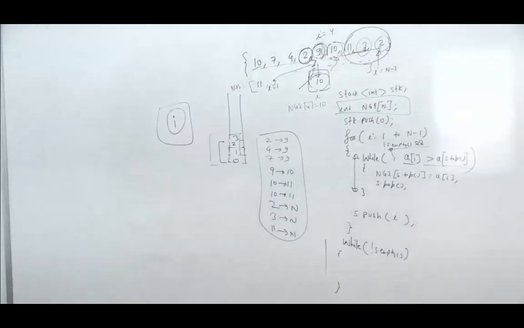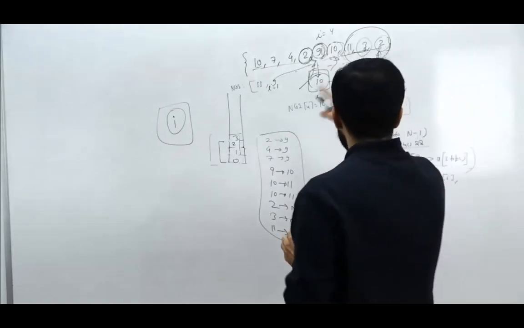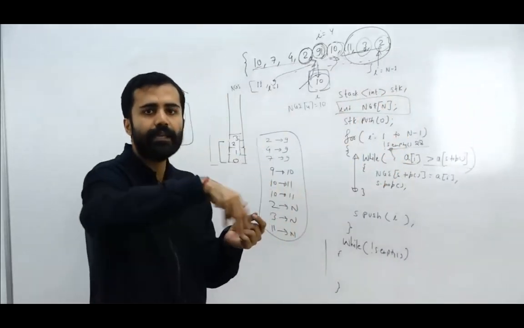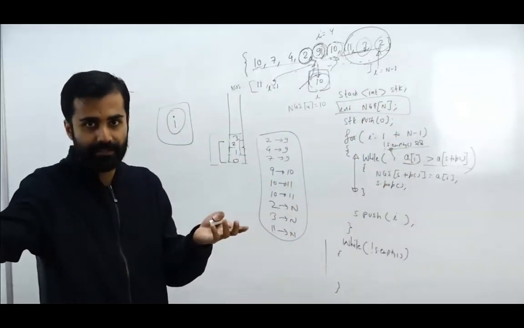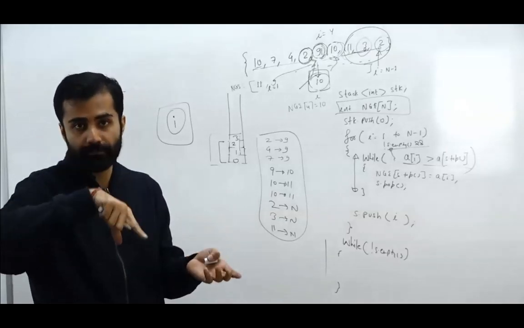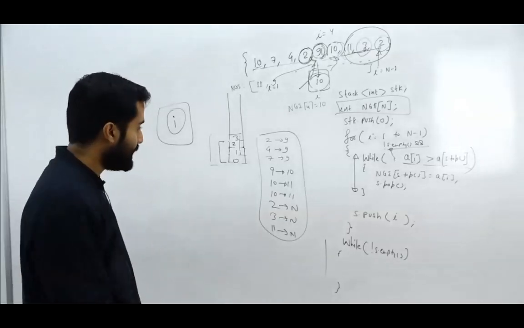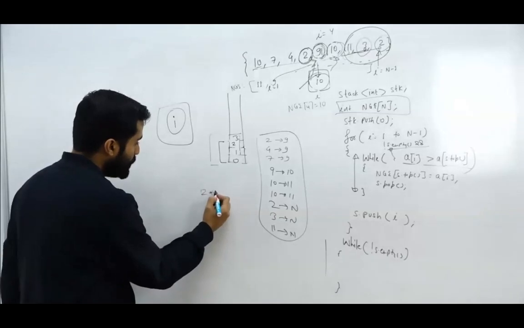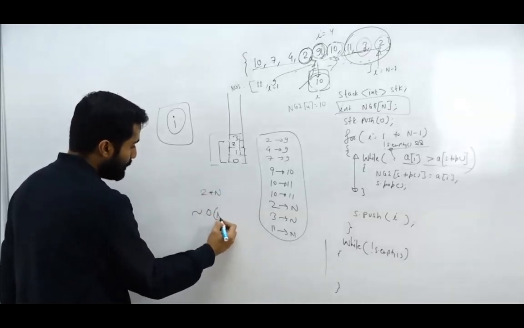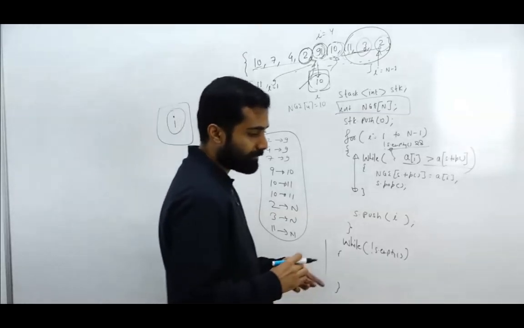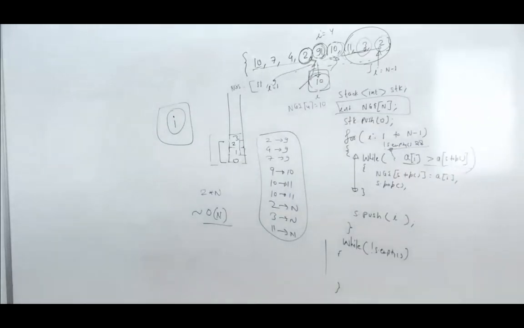So if there are n elements, all those n elements will be pushed once and popped once at some stage. So there are two operations happening for each element, and because there are n elements, total number of operations will be 2 into n. Hence, the time complexity is nothing but order of n. Is that making sense to everyone? How the time complexity here is order n?